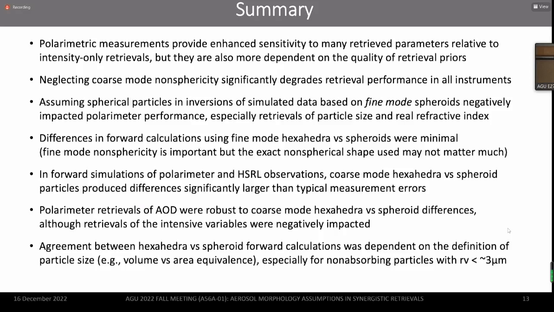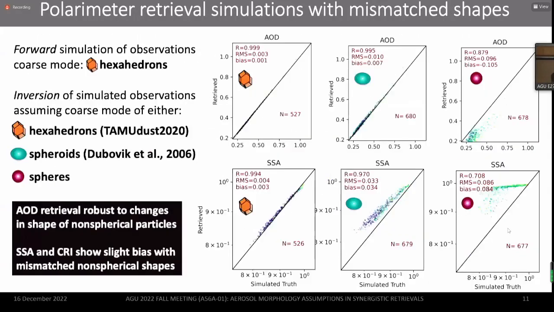Hey, Ray, very nice talk. Sorry about my voice. You showed the difference of comparing the hexahedral with the spheroid for the retrievals of AOD and SSA, and I found that the hexahedral did a much better job compared with the spheroid. Can you explain the reason why? So this is all simulated data, and the simulated data is calculated with the hexahedrons.